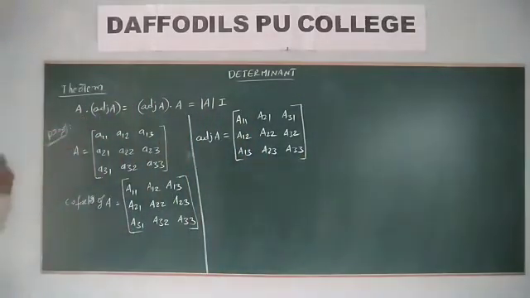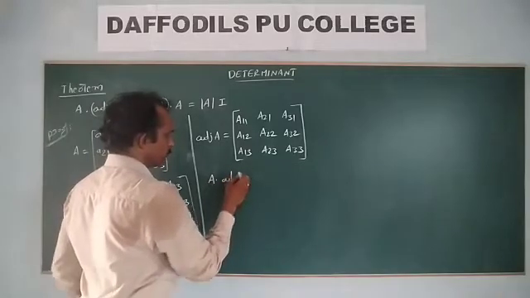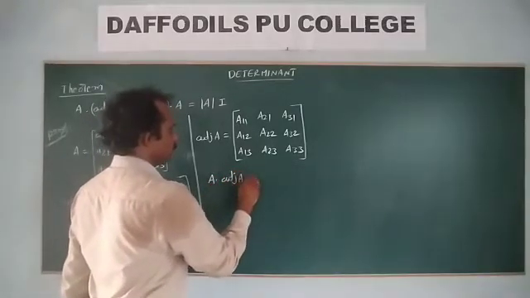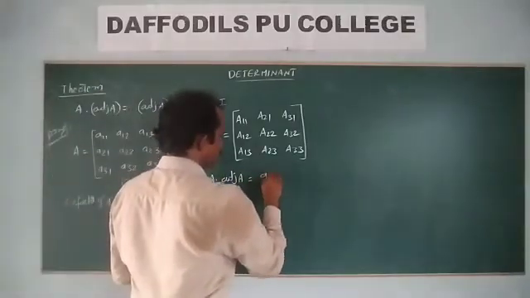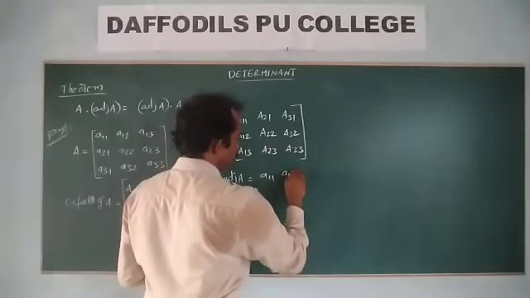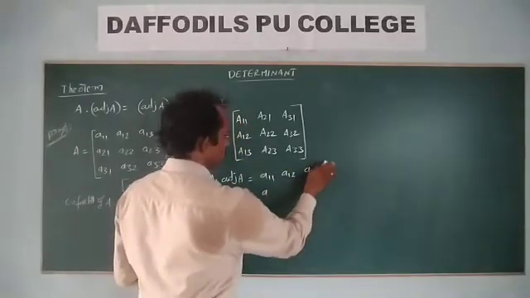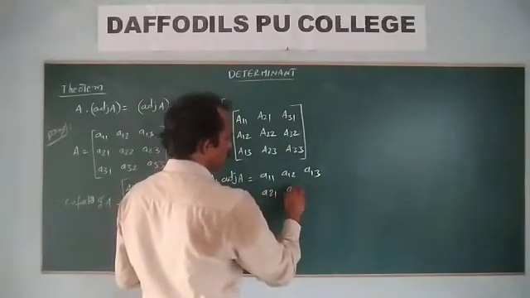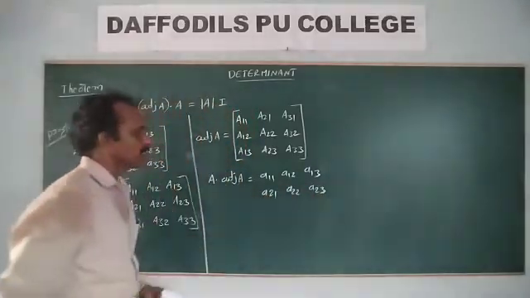Now let us take this part, A into adjoint A. A means this one, with small letters A11, A12, A13, A21, A22, A23.